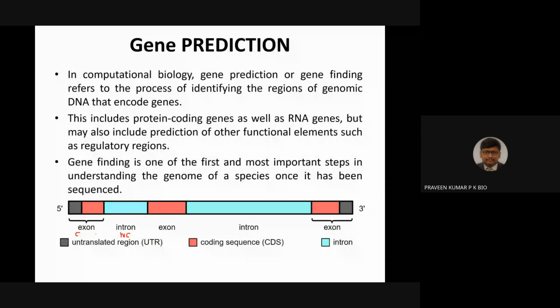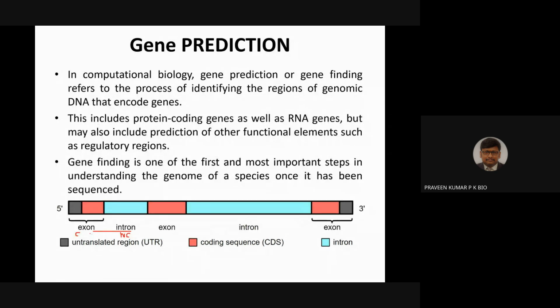If you see the types of genes, you have coding genes or non-coding genes. When genes code for protein, we call them coding genes, which we call exons. And if they don't code for any proteins, we call that an intron. Exons and introns together we call a gene.